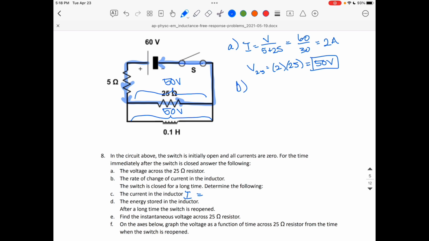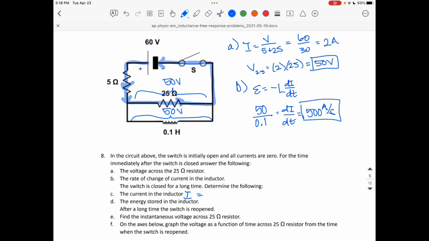So it's negative L di/dt, and we've got 50 divided by the inductance, 0.1, is equal to di/dt. If you simplify that out, that gives you 500 amps per second.